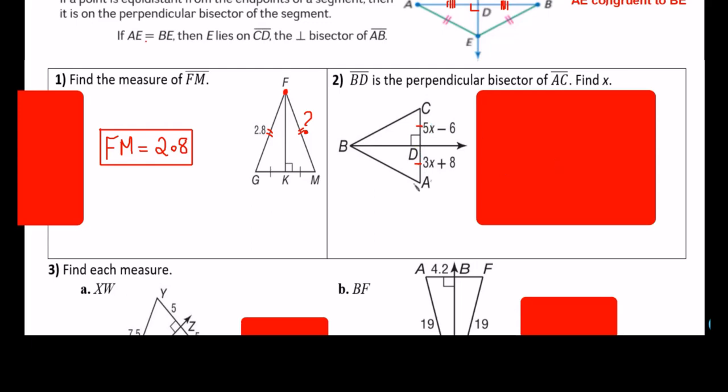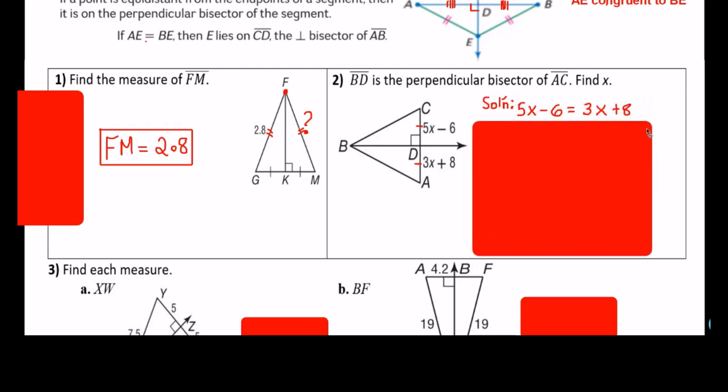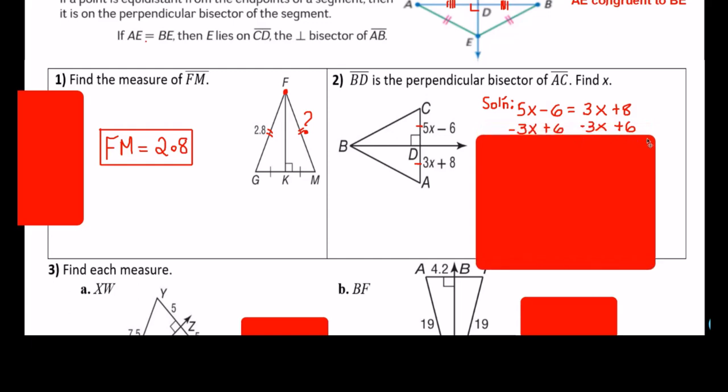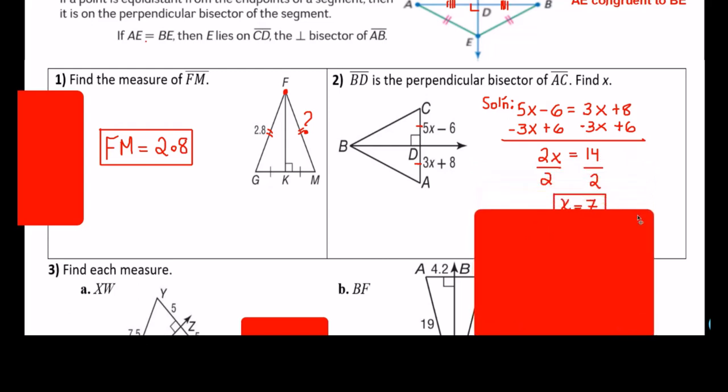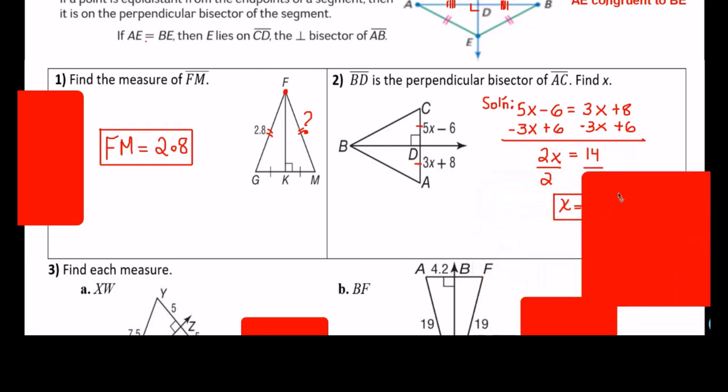And if I do that, I'm able to find the value of x by setting up an equation. 5x minus 6 equals 3x plus 8. To solve this, all you have to do is cancel the numbers. So we cancel 3x, and we cancel 6 on both sides of the equation. And that means you're left with 2x and 14. Divide that by 2, x equals 7.